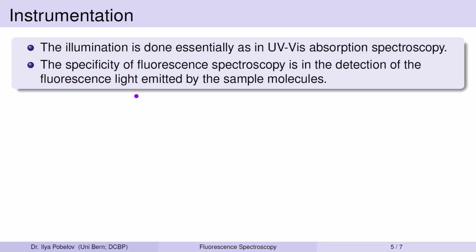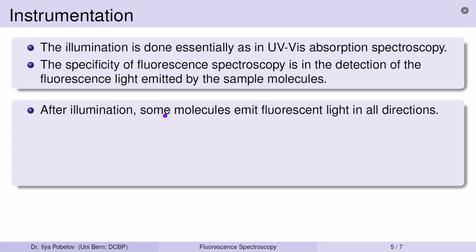In absorption spectroscopy, we measure how much of the original light intensity at a specific wavelength was left after passing through the sample. In fluorescence spectroscopy, after the sample has been illuminated, some of its molecules fluoresce, emitting light in all directions.